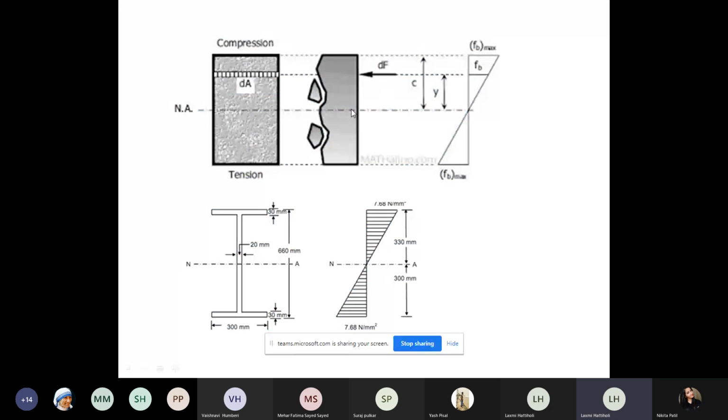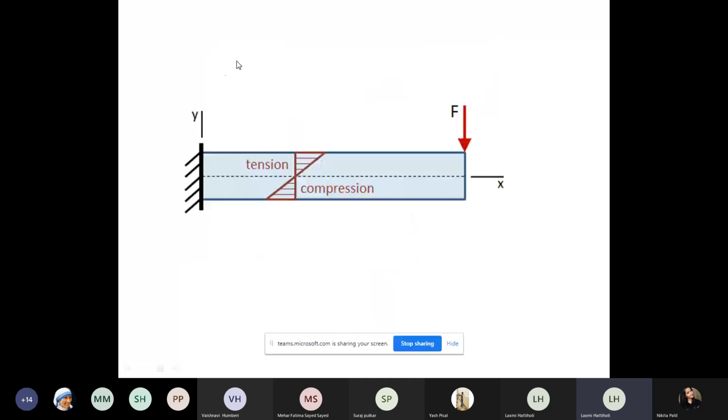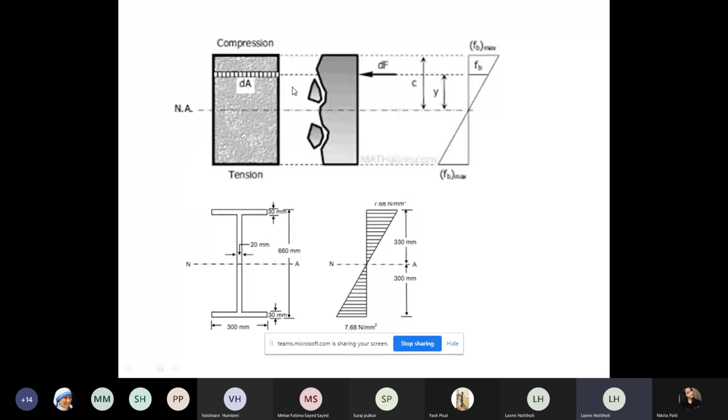Please observe this. See, this is a rectangular section. Please observe my cursor. Observe this third diagram, F B max. Here F means bending stress. This third diagram indicates the bending stress distribution. At the neutral axis, what is the bending stress?